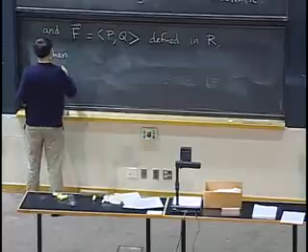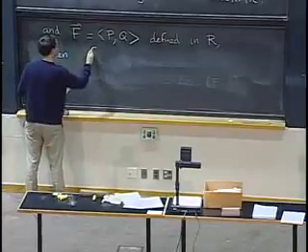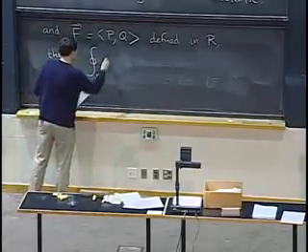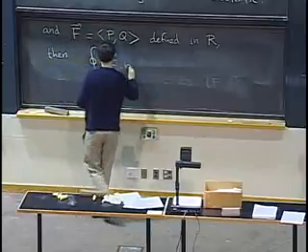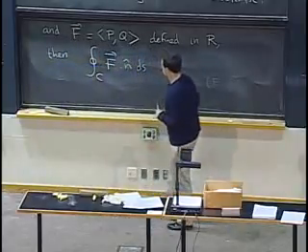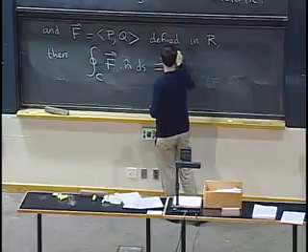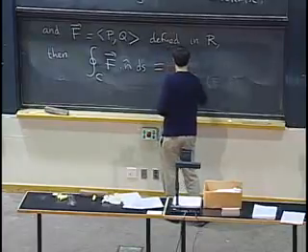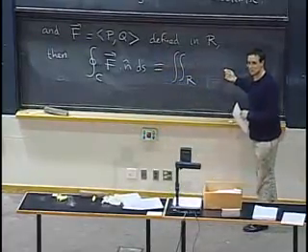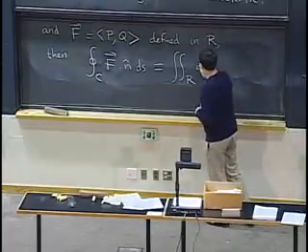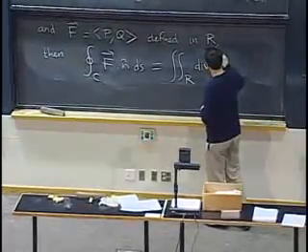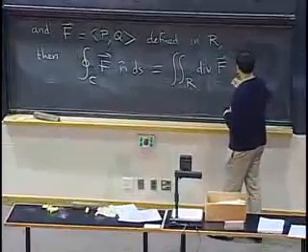then I can actually replace the line integral for flux by a double integral over R of some function. And that function is called the divergence of f dA.